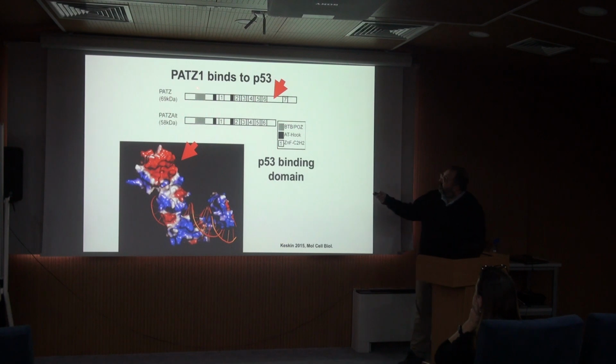So this is the structure of PAS1, that's the BTB domain in the N-terminus, and these are the zinc fingers. Within zinc fingers 6 and 7 is the region that they bind. We made a model of the PAS1 DNA binding domain, and there's this negatively charged region that we think makes a pocket that interacts with P53.